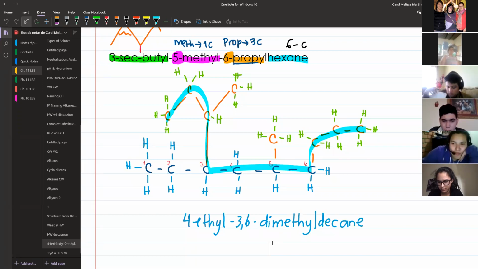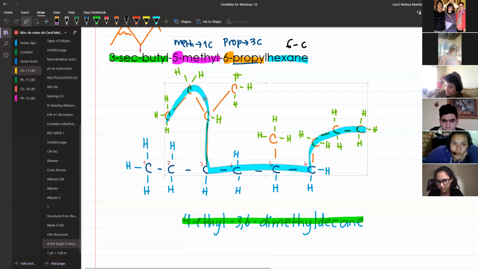Y ya con esto ya pueden ver que el nombre cambiaba. So you could have written something like, no, it's wrong, it is decane instead of hexane, etc.